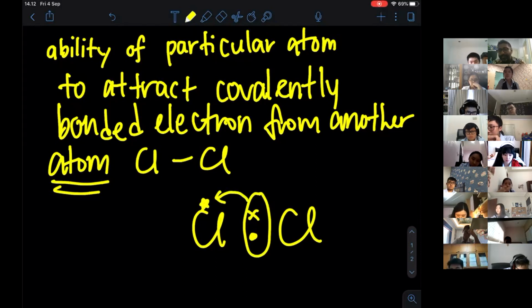That is called electronegativity. So do remember, this term electronegativity is used for covalent compounds or ionic compounds.